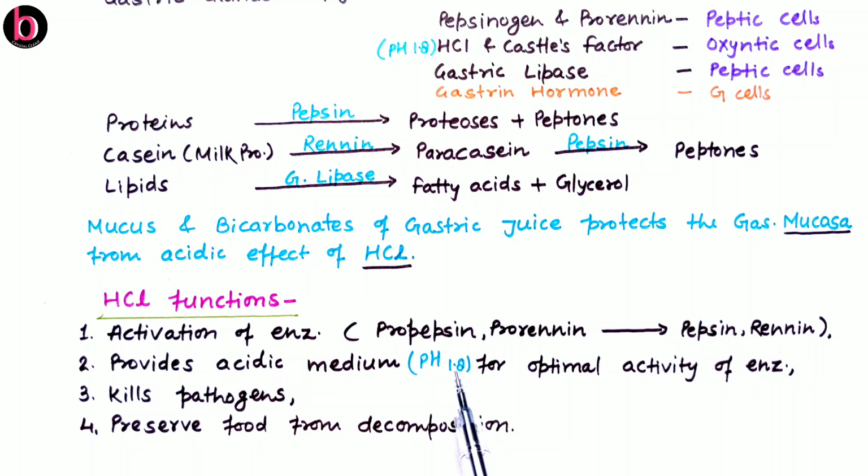The optimum pH needed here for functioning of pepsin and renin is 1.8, roughly we can say 2, which is maintained by HCl. Third, HCl kills harmful pathogenic substances like bacteria or fungus which may enter along with the food. And finally, HCl is also helpful in preservation of food from any kind of decomposition.